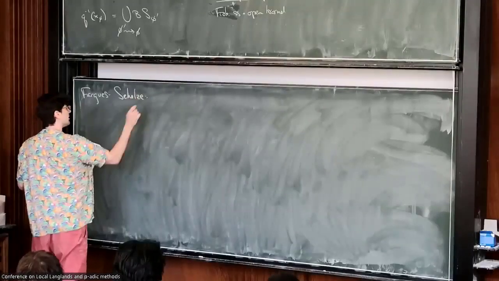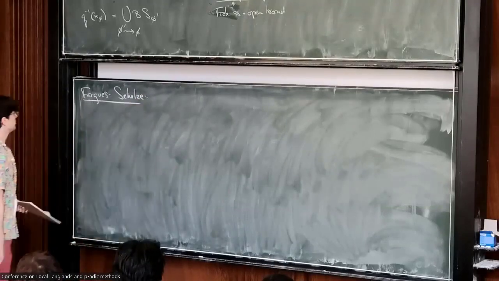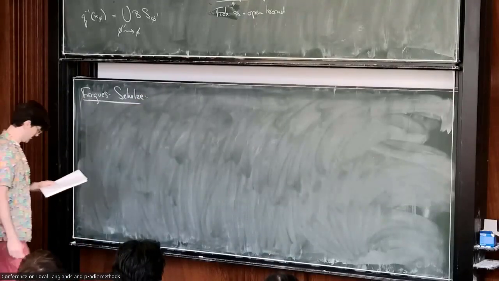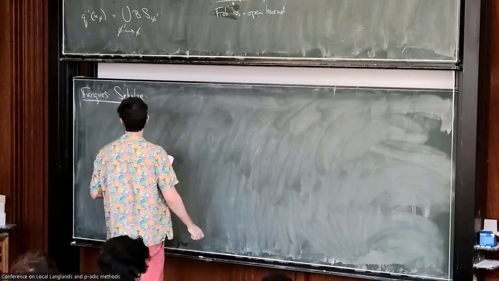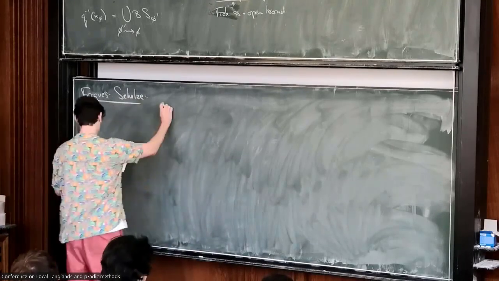So let me just skip from this to one of the hardest theorems in Farg-Schulze, which is somehow the hint that there should be this categorical local Langlands equivalence. So what is this theorem?